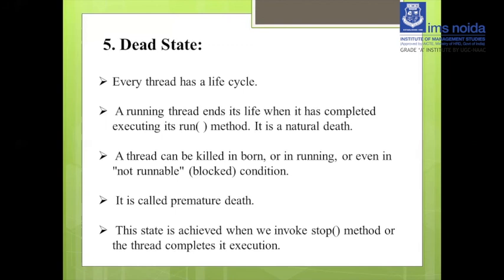And second is because some unusual erroneous event occurred, like a segmentation fault or unhandled exception. We can also forcefully stop a thread with the help of the stop method, or the thread completes its execution. So it has two names, dead state or the terminated state.